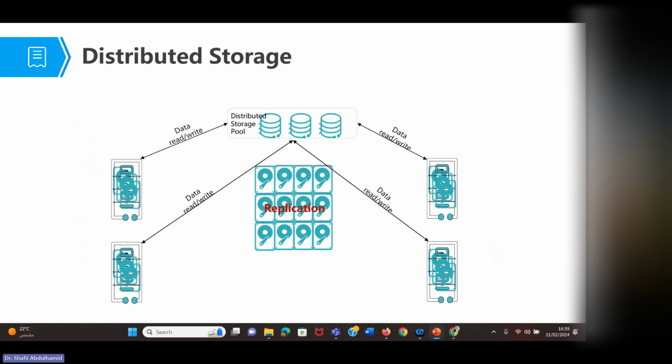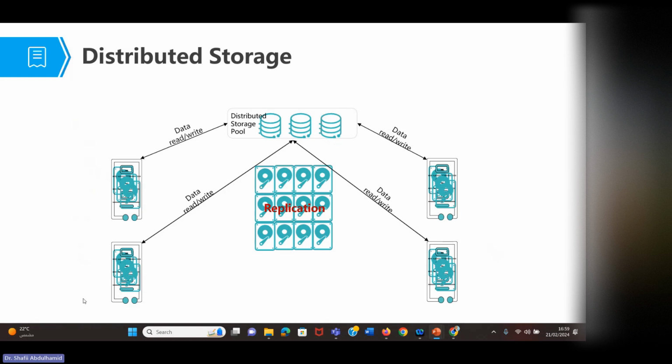So far we only explained the RAID technology. Now we want to see how the distributed storage service is actually using the replication technology, okay, to provide cloud storage access to a pool of resources to different servers.